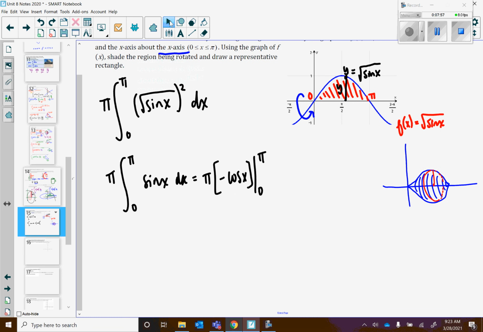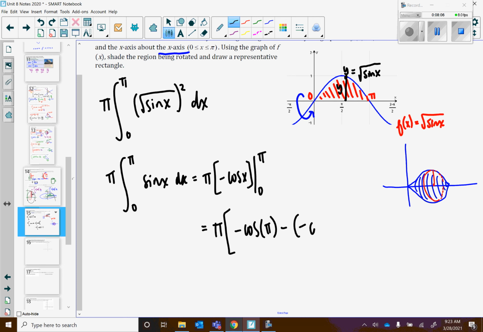Which means I am taking pi, I'm holding that off to the side, negative cosine of pi minus a negative cosine of 0. Cosine of pi is 1, minus a negative cosine of 0 is also 1.